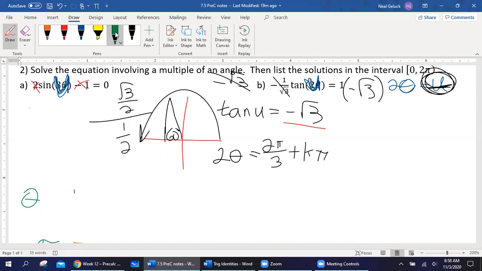So to get theta by itself, I have to divide everybody by 2. So that's going to give me theta equals pi over 3 plus k pi over 2.